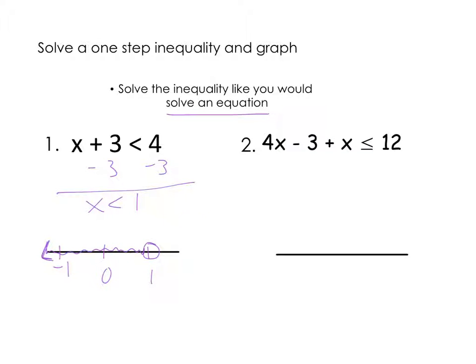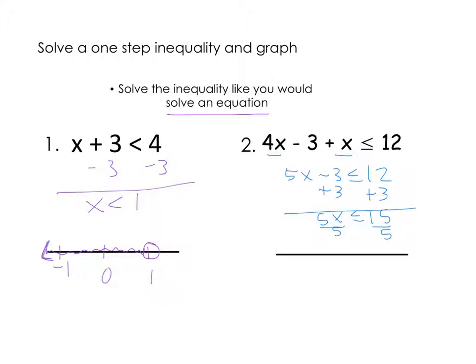Now the second example, I have to combine like terms before I can start to solve this inequality. So I'm going to combine 4x and x to give me 5x. Minus 3 is less than or equal to 12. And now I'm going to solve by adding 3 to both sides, solve for x, and get 5x is less than or equal to 15. Divide by 5.